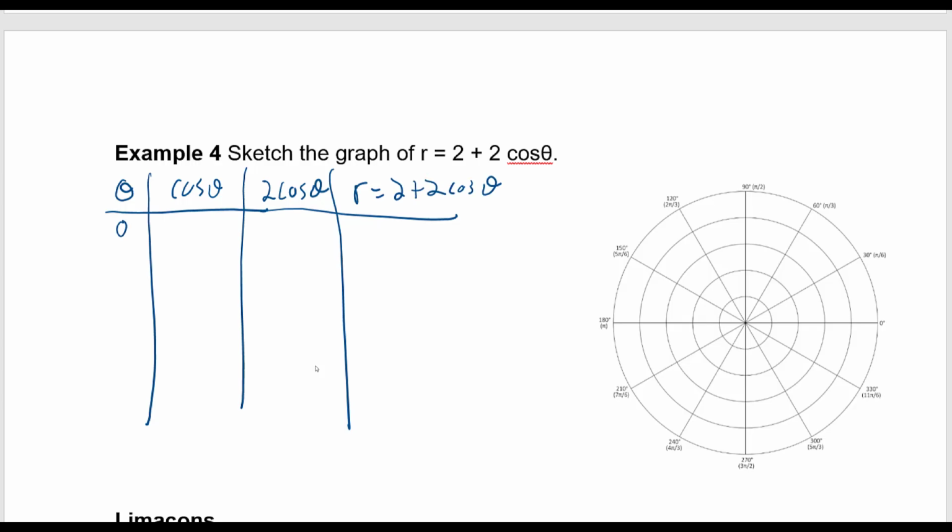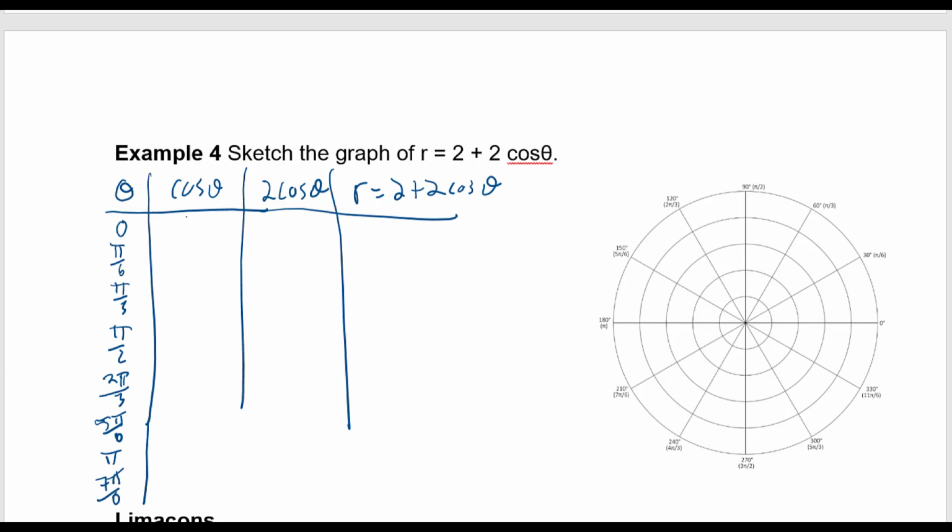So do 0, pi over 6, pi over 3, pi over 2, 2 pi over 3, no, I'm not doing the pi over 4s, 2 pi over 3, 5 pi over 6, pi, and again I do 7 pi over 6 just to check.